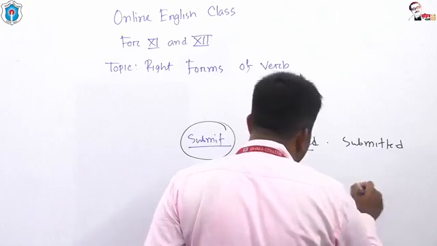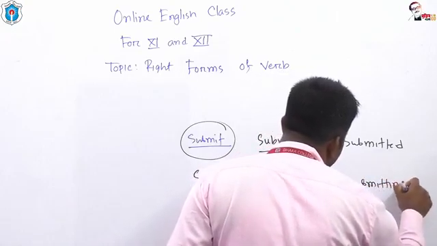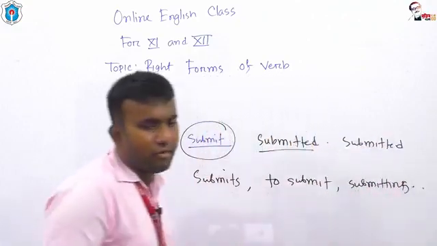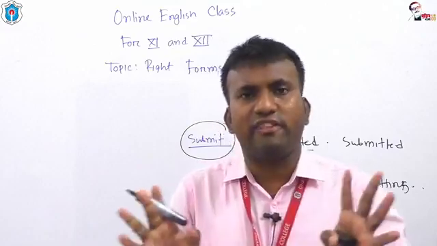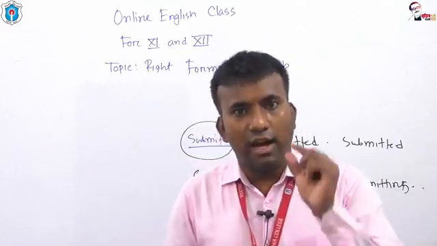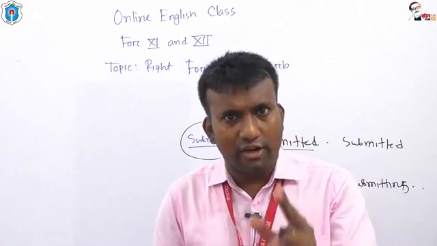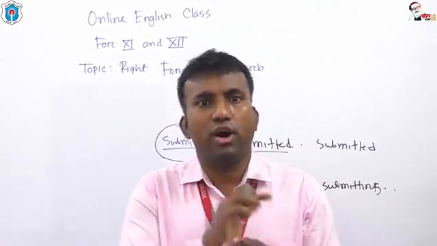If I say submitting, this is another form. So a verb has a lot of forms, but all the forms are not used in a sentence. A sentence takes a verb according to the subject or person or number or tense.